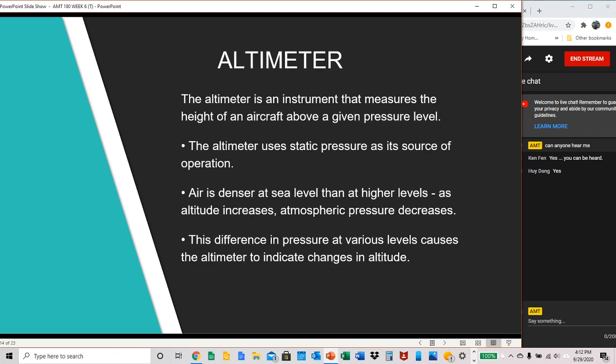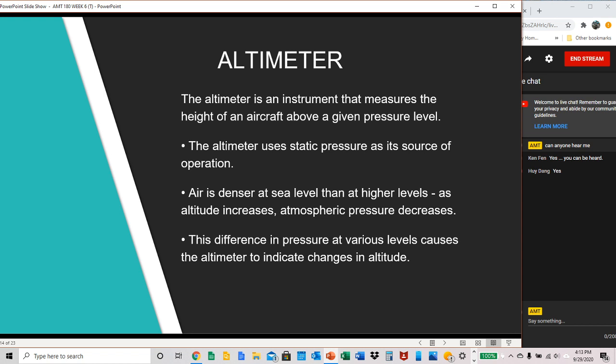The altimeter is an instrument that measures the height of an aircraft above a given pressure level. So that's what we're looking for in the altimeter. It's going to measure the altitude above, let's say, 29.92 on a standard day, what is deemed a standard day. The altimeter uses static pressure as its source of operation.